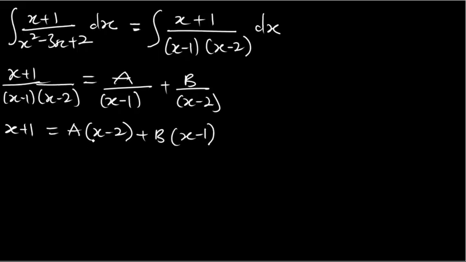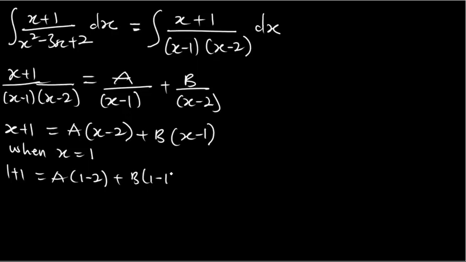So to find the values of a and b, when x is equal to 1, this will make b go to 0. Here we will have 1 plus 1 equals a times 1 minus 2, plus b times 1 minus 1. So we get 2 equal to negative a. Therefore, our a is equal to negative 2.